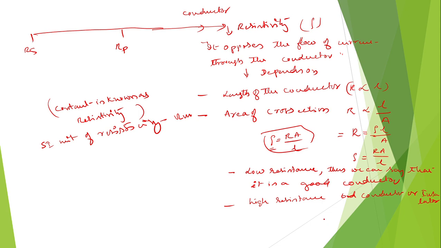Now suppose this rho is high, what will happen? Temperature of the conductor will rise. High rho means temperature will increase.